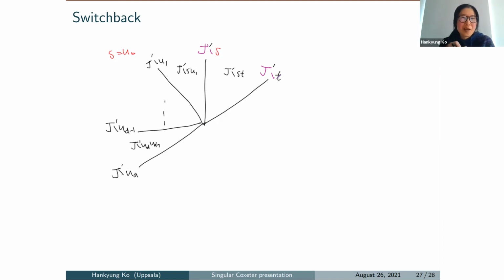So you can label it like this. And according to the notation before, this was where you start, setting S to be U0. J is everything minus U0.